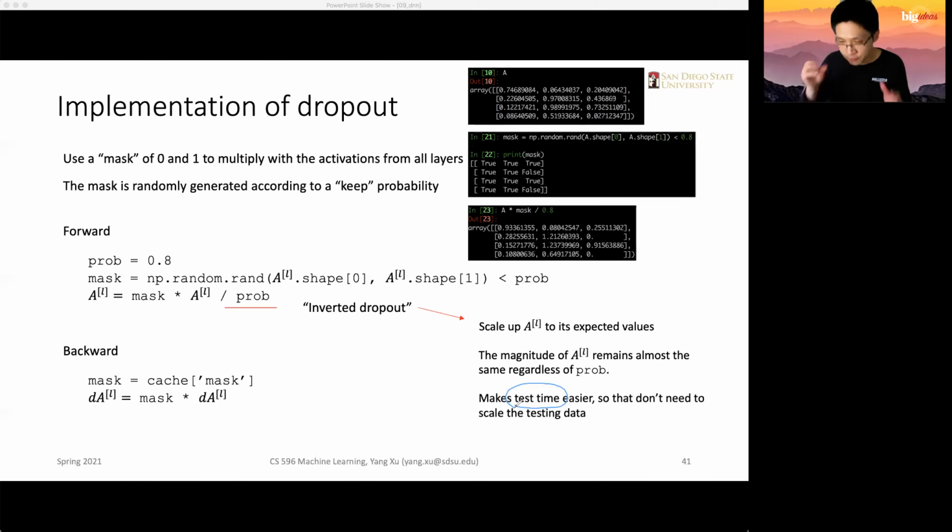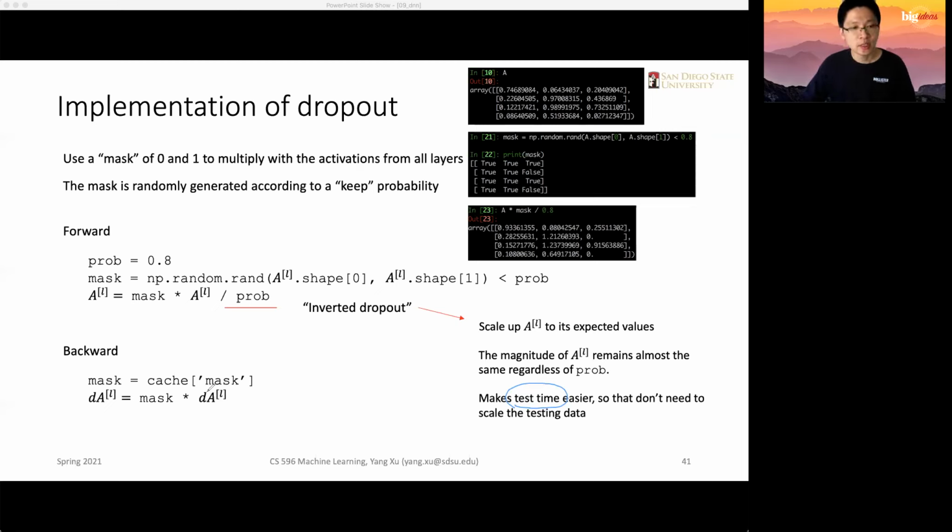So after we have removed some neurons, we need to scale up the magnitude for the remaining neurons, so that the model behaves as if all the neurons are there. That is for making the testing step more valid.